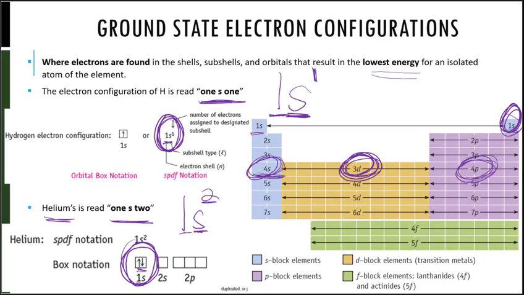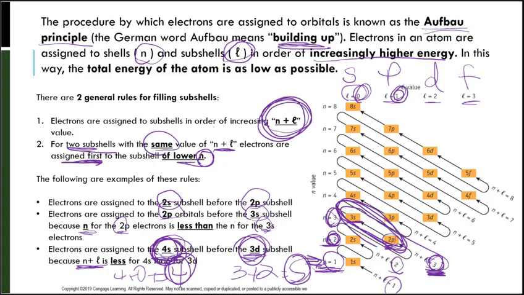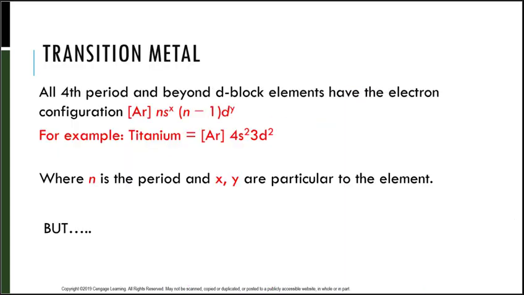And remember, 4s is a lower energy level than 3d. Remember when we did our addition, our n plus l? So our 4 plus 0 is 4, and our 3 plus 2 is 5. So 4s is lower energy than 3d. That's why we fill 4s then 3d.